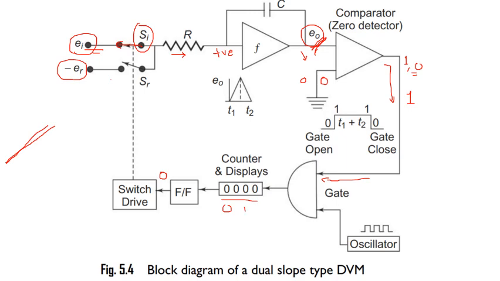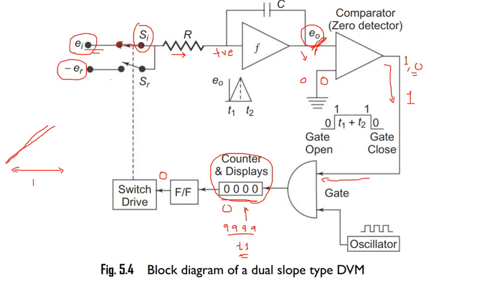And your counter will start counting. Now this counter is going to be set up so that it will read 9999 for a t1 amount of period, when you reach t1.